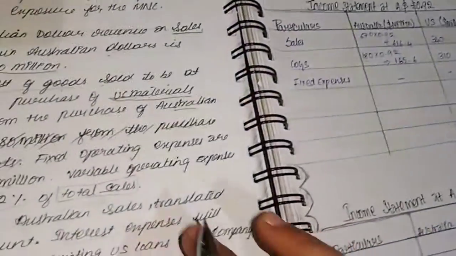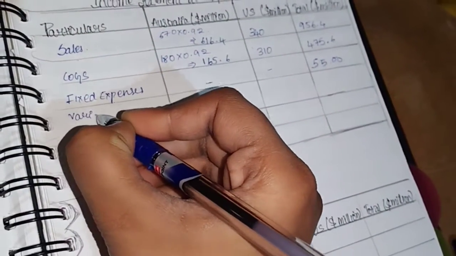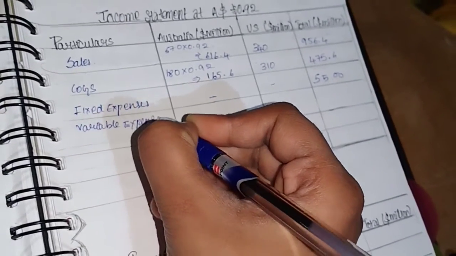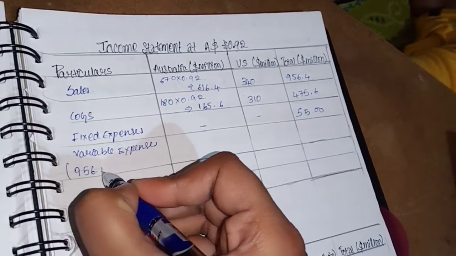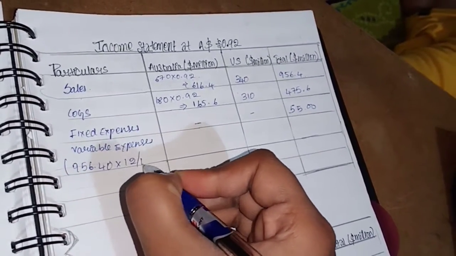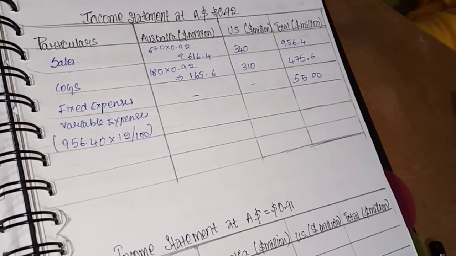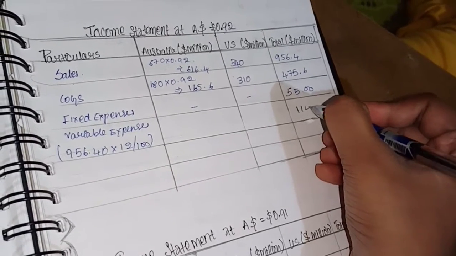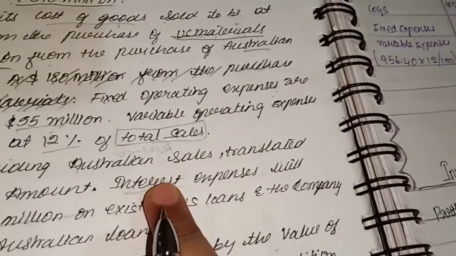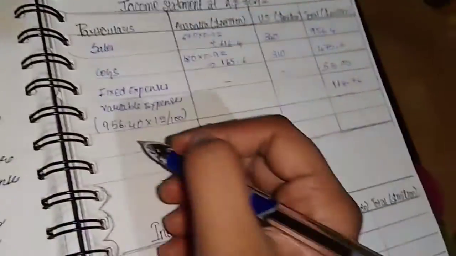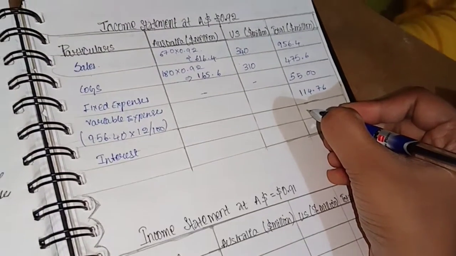Next, variable operating expenses are 12% on total sales: 956.4 into 12 divided by 100 gives 114.768. Next, interest is given as 20 million.